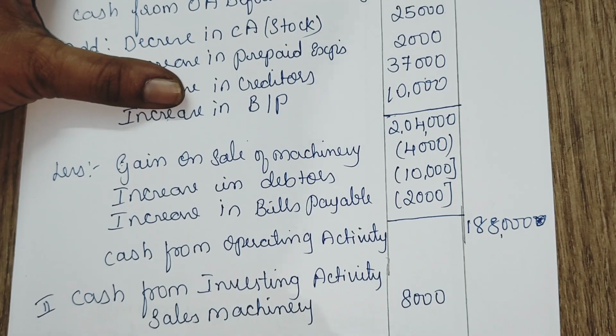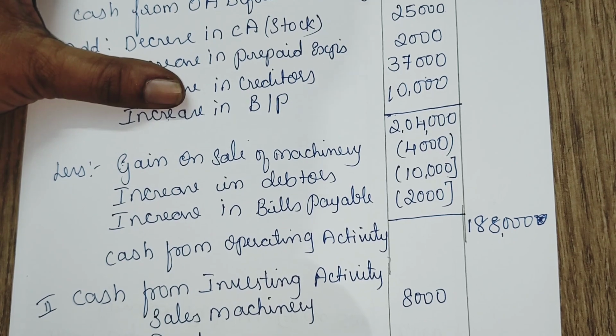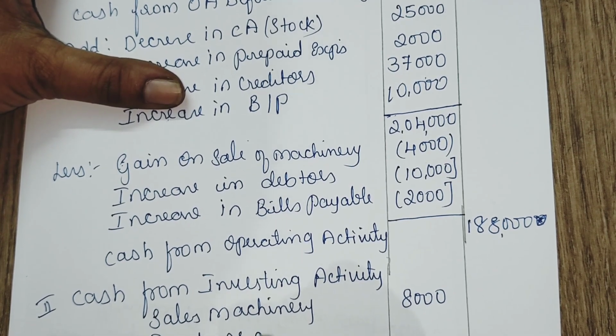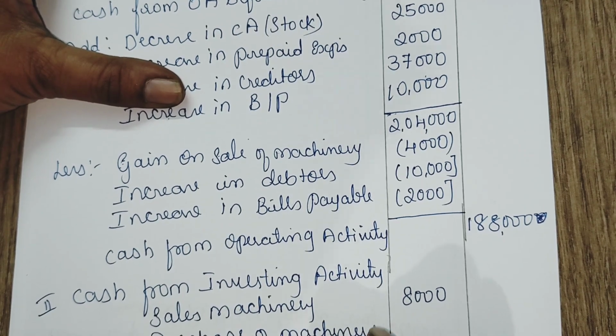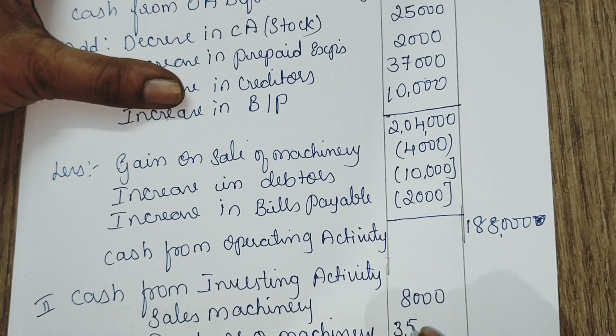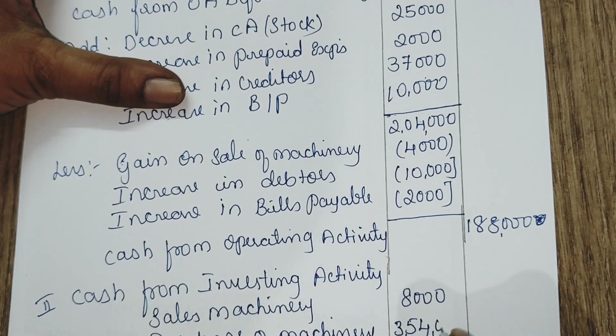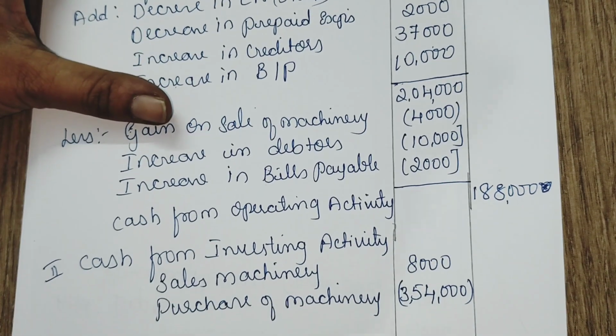Then we have purchase of machinery, that in ledger account we have prepared now, 3,54,000. 3,54,000 that we have to minus.